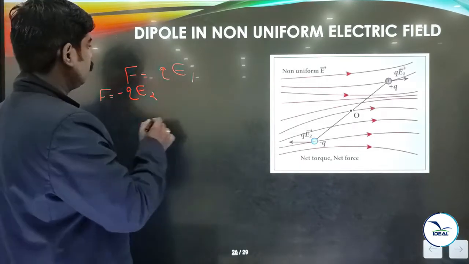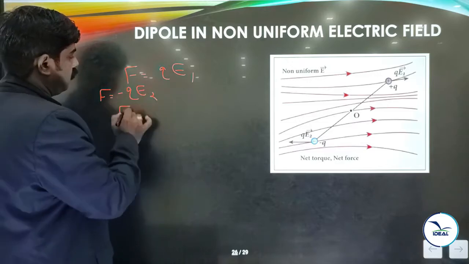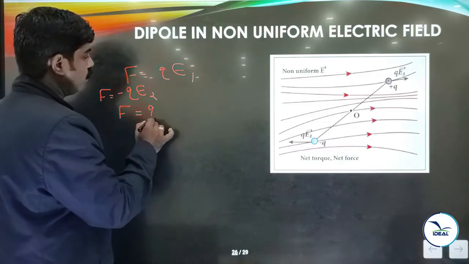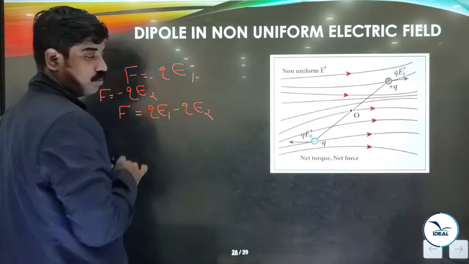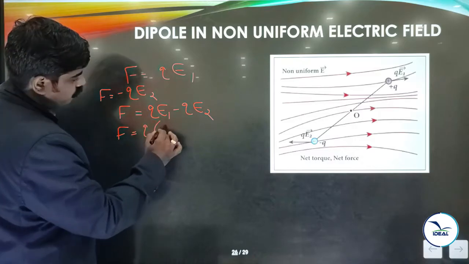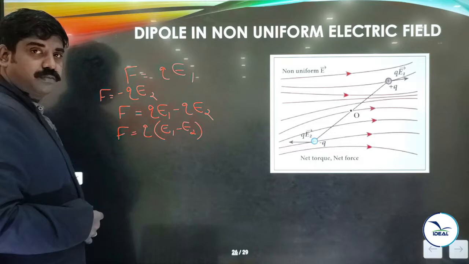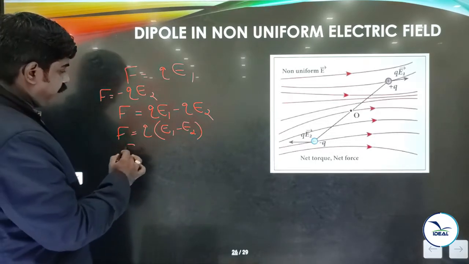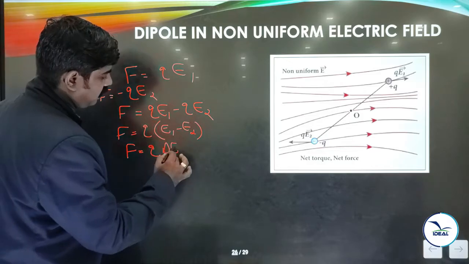Then the total force is equal to Q into E1 minus Q into E2. That is, F is equal to Q into (E1 minus E2). So F is equal to Q into delta E.